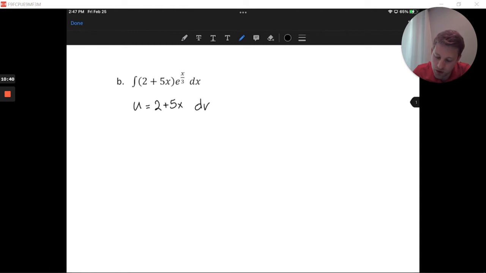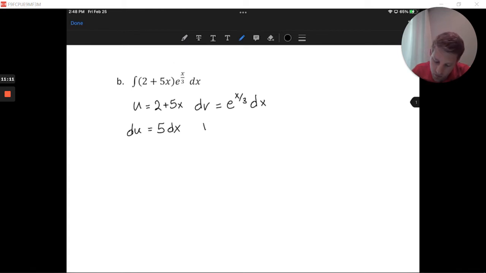The remaining portion, which is the e raised to the x over 3 dx, will become that dv function. Now I get to solve for my du function. The derivative of the u function will just be a derivative of 5 and then dx. So make sure that we have that attached, 5 dx.